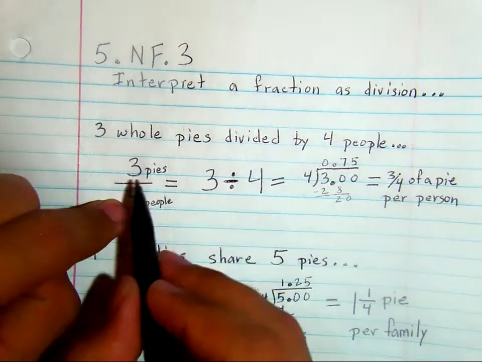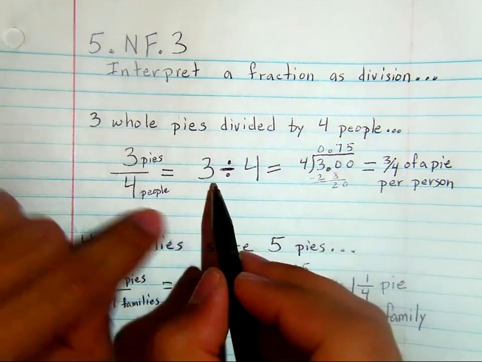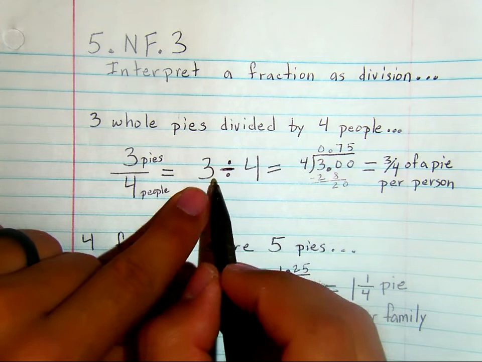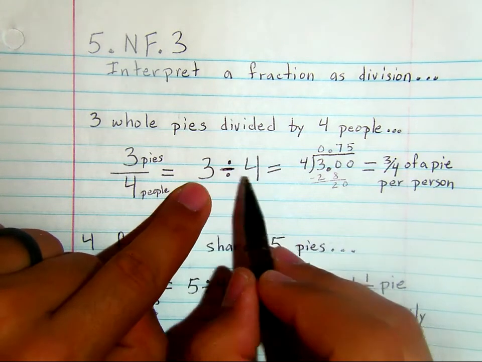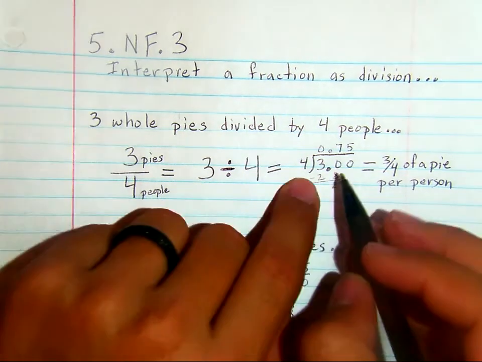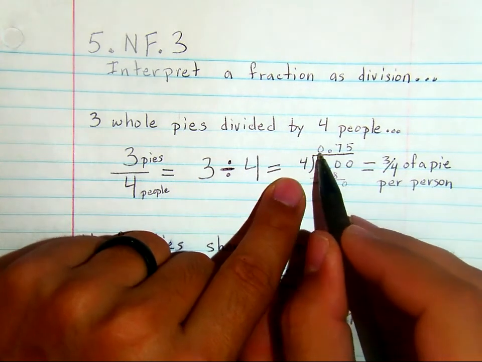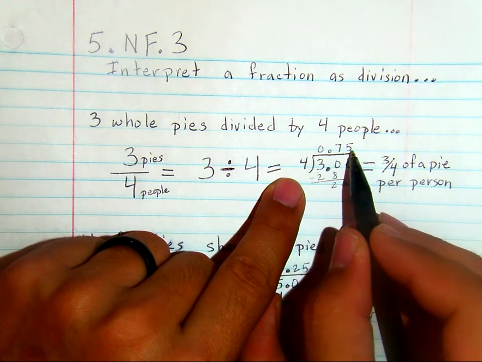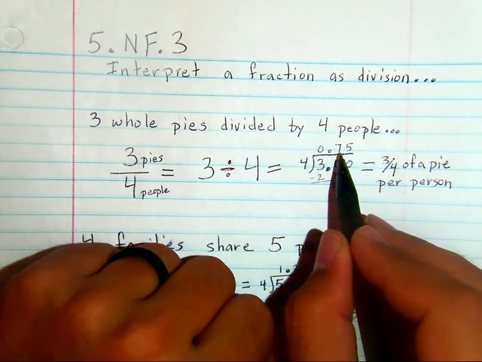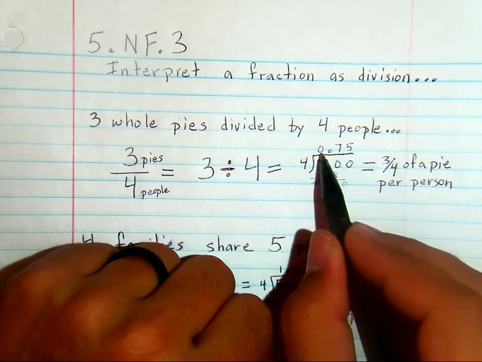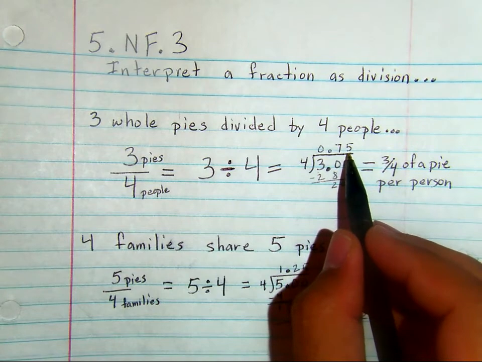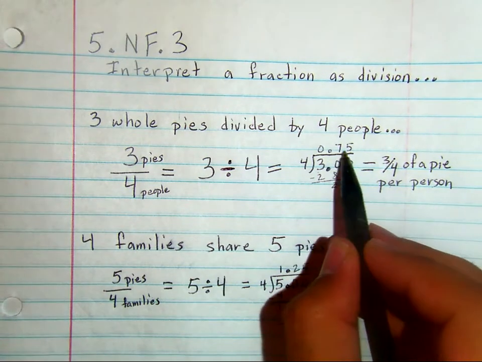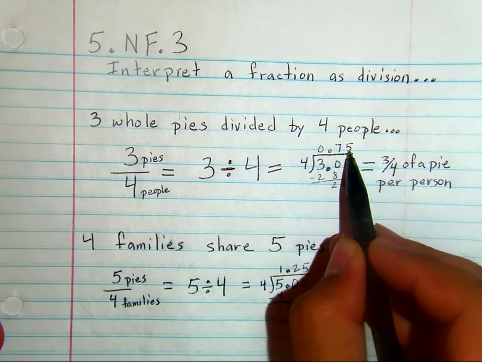Now, if you take 3 and you divide it by 4, which is what this standard is trying to get across, 3 divided by 4 is going to give you 0.75. That sounds like 75 cents, or it could also be 75 hundredths.